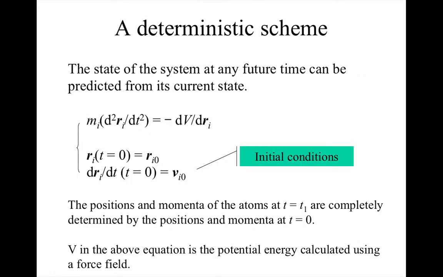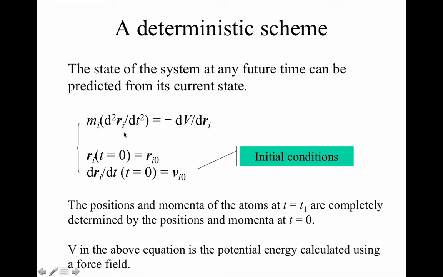We can rewrite Newton's second law into a differential equation by substituting for the acceleration the second derivative of the position vector with respect to time. This is for particle i.